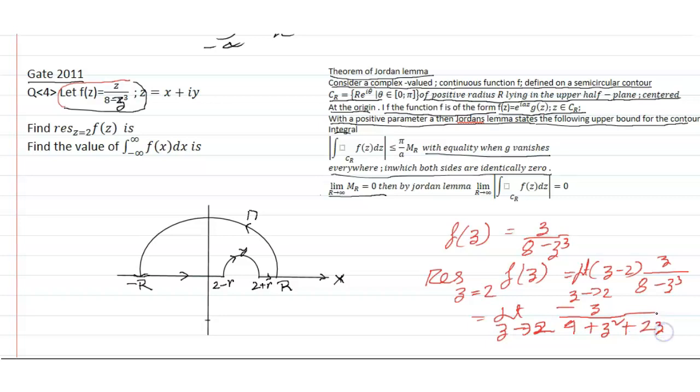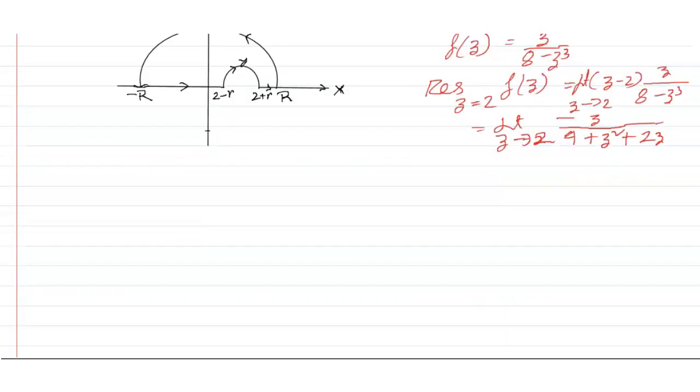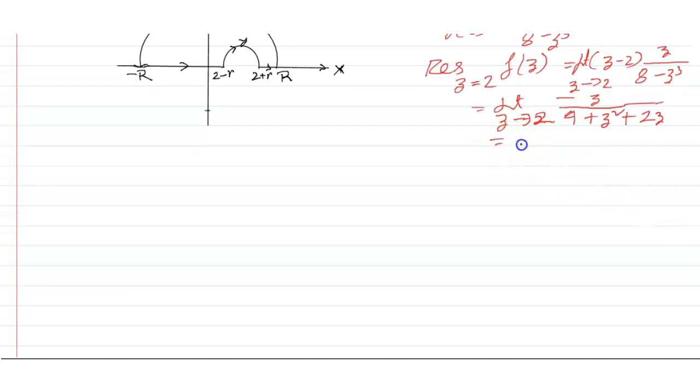This value is equal to minus 2 divided by 4 plus 8 divided by 12, which is equal to minus 1 by 6.